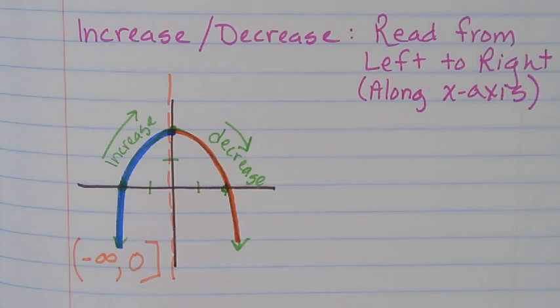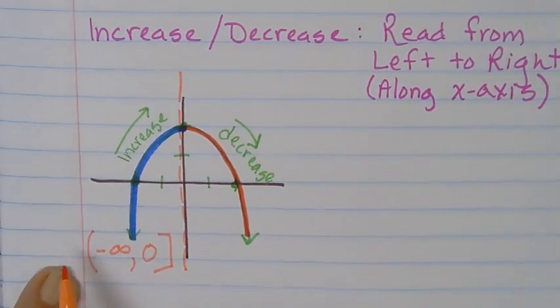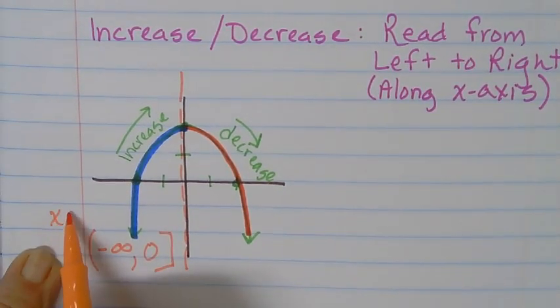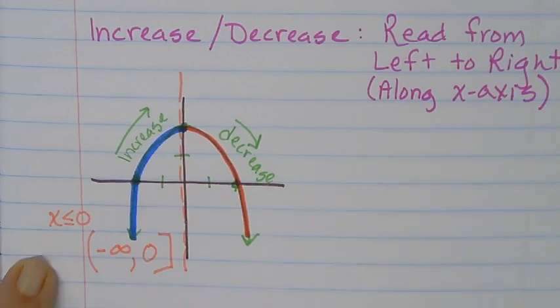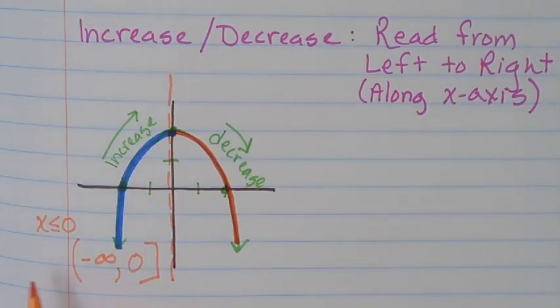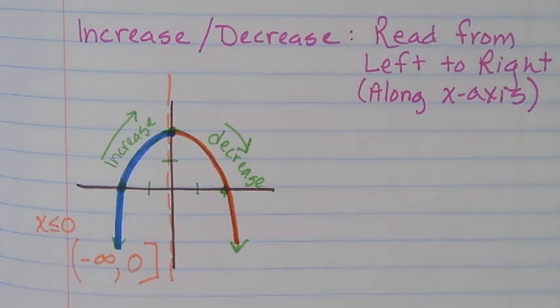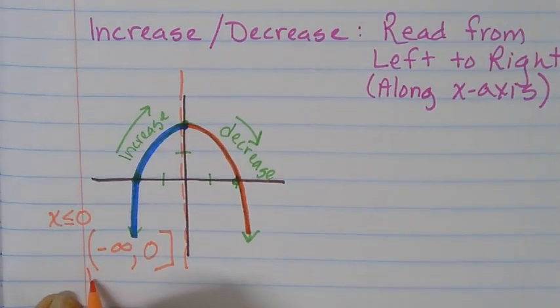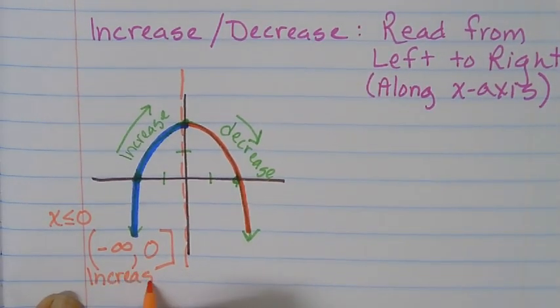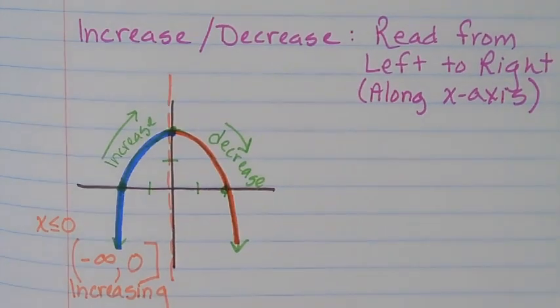Okay. I think that's the hardest thing to think of, is that it's not a point. It's a space on the graph. This would be similar to saying where x is less than or equal to 0. That's saying the same thing, but this is the interval notation that says that. And in that area, we said it was increasing. And then from that point, we start to decrease, right?